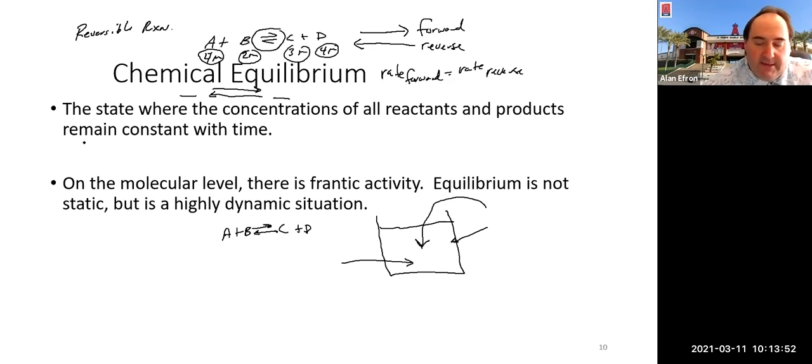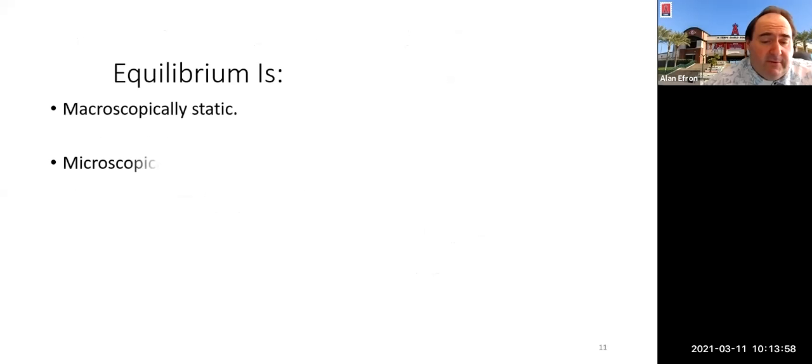But if you super zoom in, you will see a lot of activity, the forward reaction and the reverse reaction happening equal to each other in terms of the rate. That's why we say that on the macroscopic level it looks static, like it's done, but on the microscopic level we would definitely expect to see a lot of activity to maintain that equilibrium.